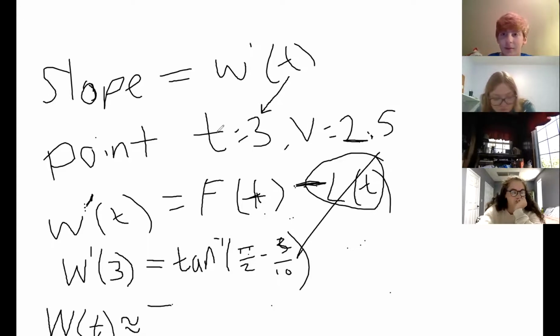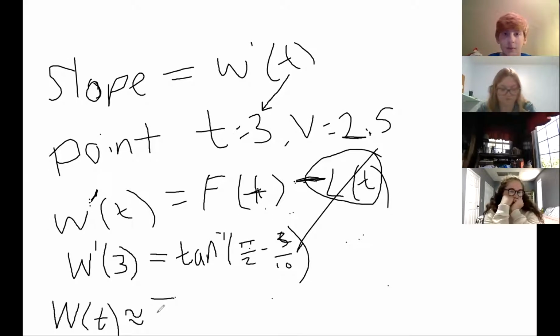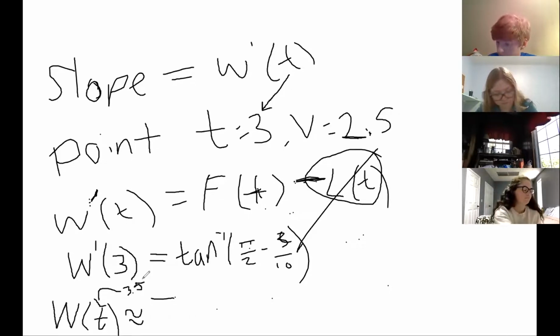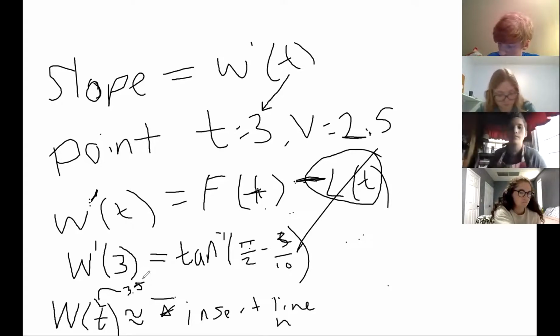And so since it's approximately that line, you'll plug in 3.5 in here once you have your line. And that'll allow you to approximate that value.